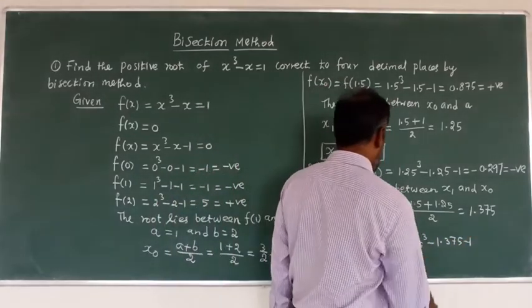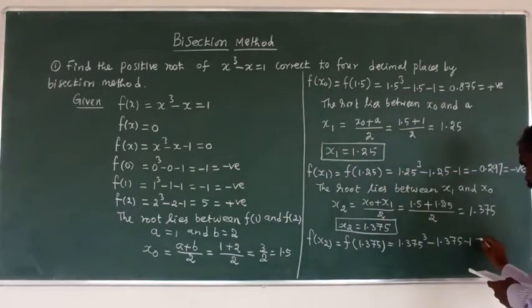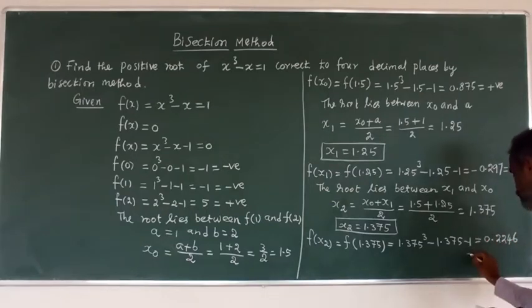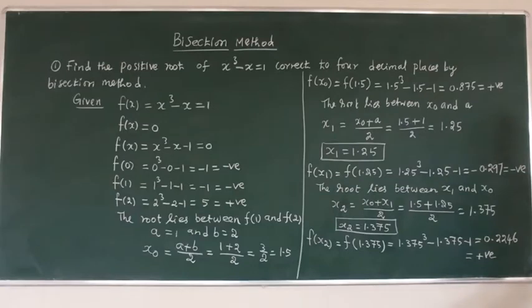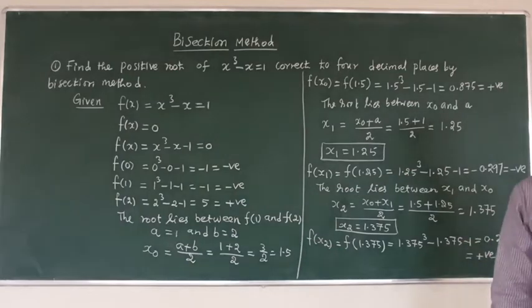Simplifying this, we get the result 0.2246. This is a positive result. So we take this positive result and the negative result, x2 for positive and x1 for negative. So the root lies between x1 and x2.